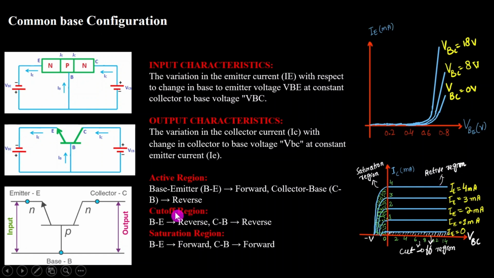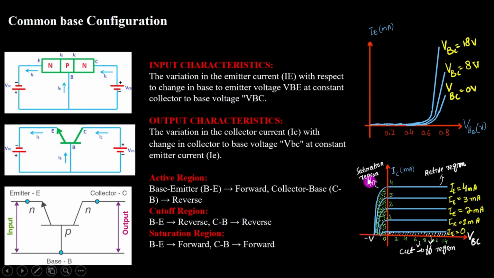In the cutoff region, the base to emitter junction will be reverse biased, and similarly the collector to base junction also reverse biased. In that case, we take this portion of the graph, and this portion is called the cutoff region of that graph.